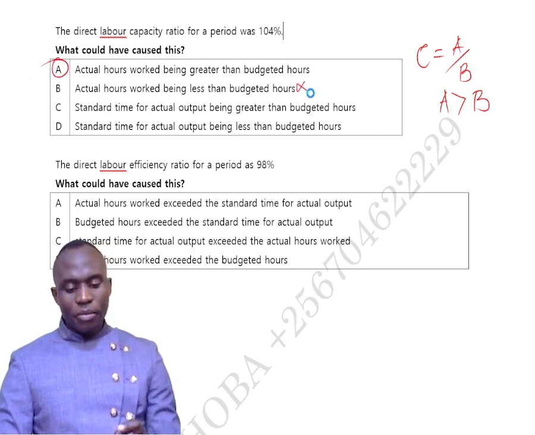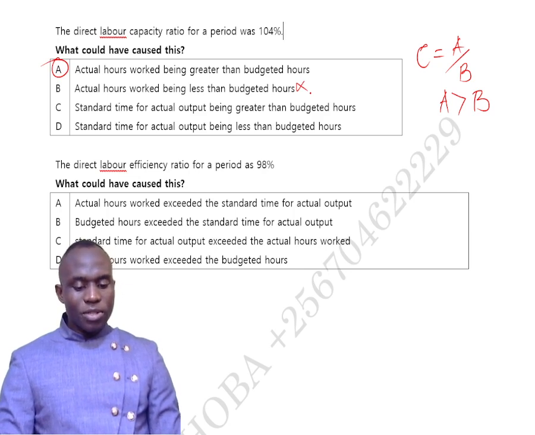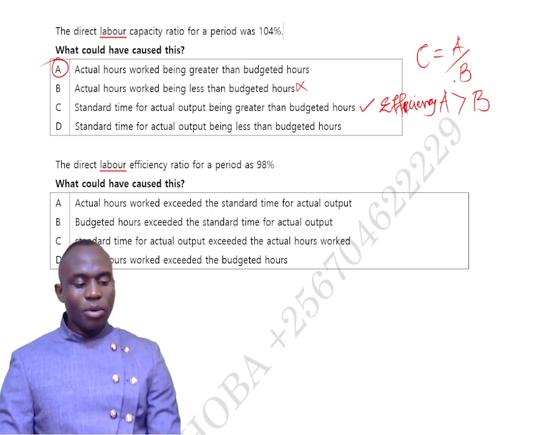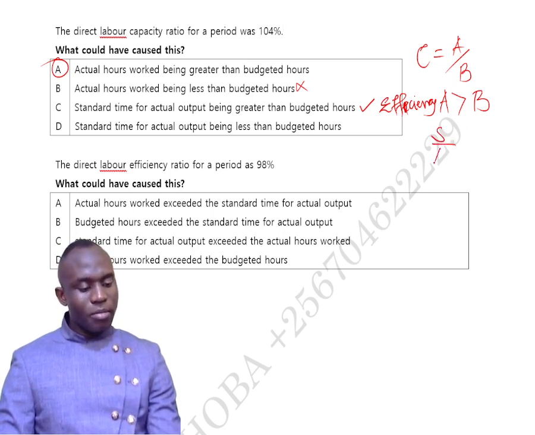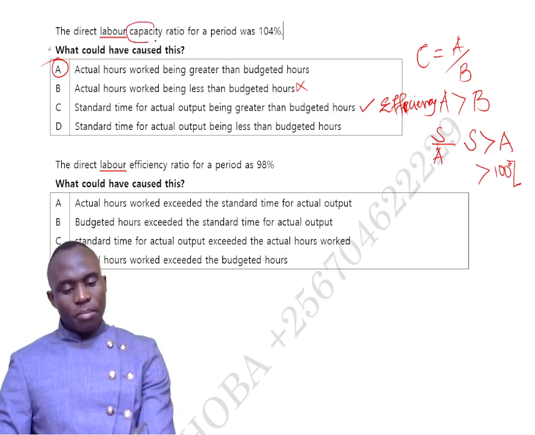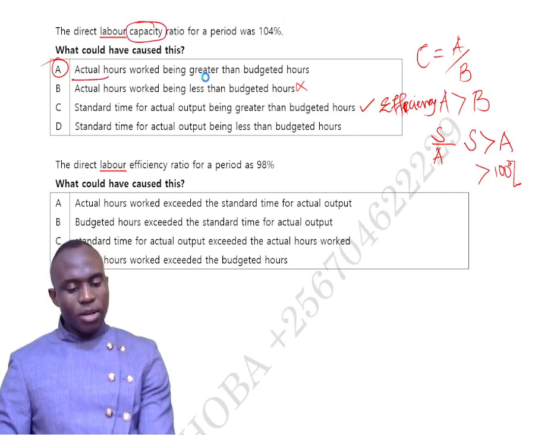It can't be B. Then for C and D, standard hours for actual output being greater than budgeted hours would be correct if they had said it is efficiency, because efficiency is standard hours divided by actual hours. So when standard hours are more than actual, the ratio would be greater than 100% when the upper one is more than the lower one. So you look at the ratio, it is capacity, and capacity compares actual and budgeted.